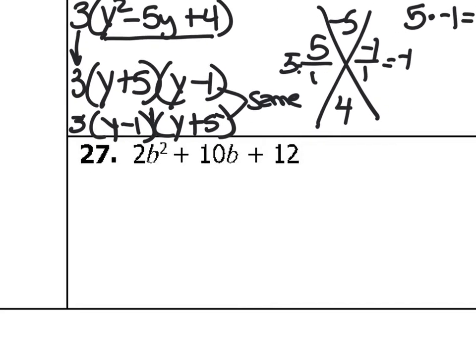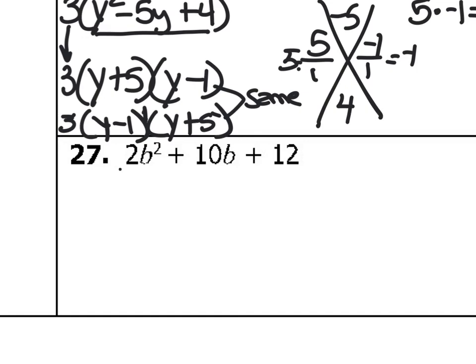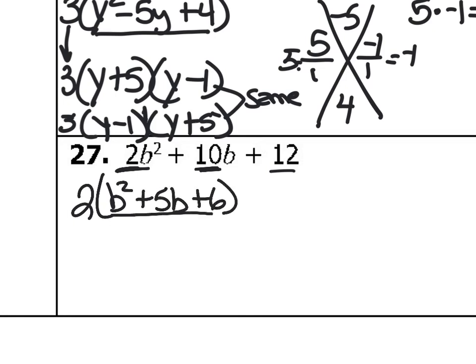All right, and let's do this one last one here. Looking for GCF, 2, 10, and 12. So I'm going to look at my smallest number, 2. 2 will go into those, so my GCF is going to be 2. So I'm going to divide each term by 2. b squared plus 5b plus 6. So now we're going to factor this. So A times C, 1 times 6 is 6, and then B is 5. And we're dividing by A, which is 1. All right, factors of 6 that add up to 5.